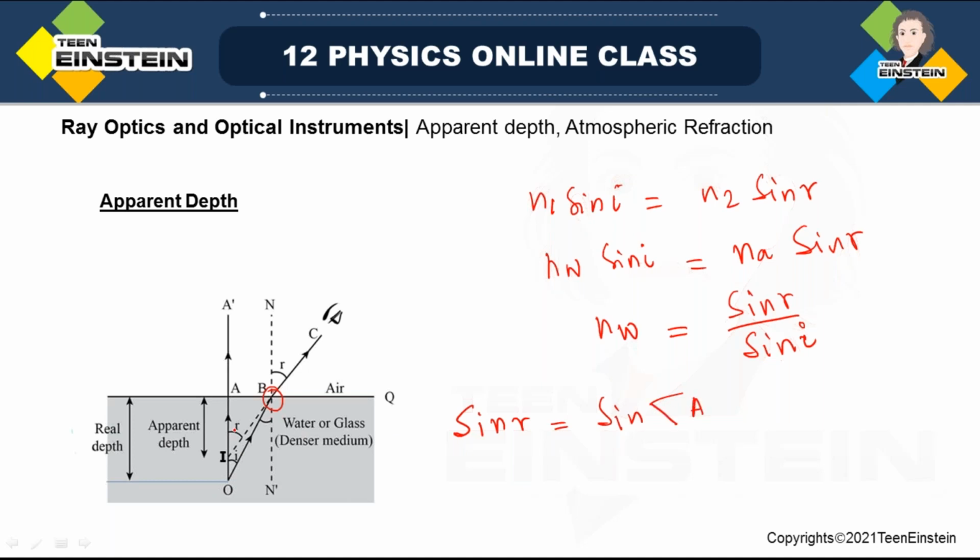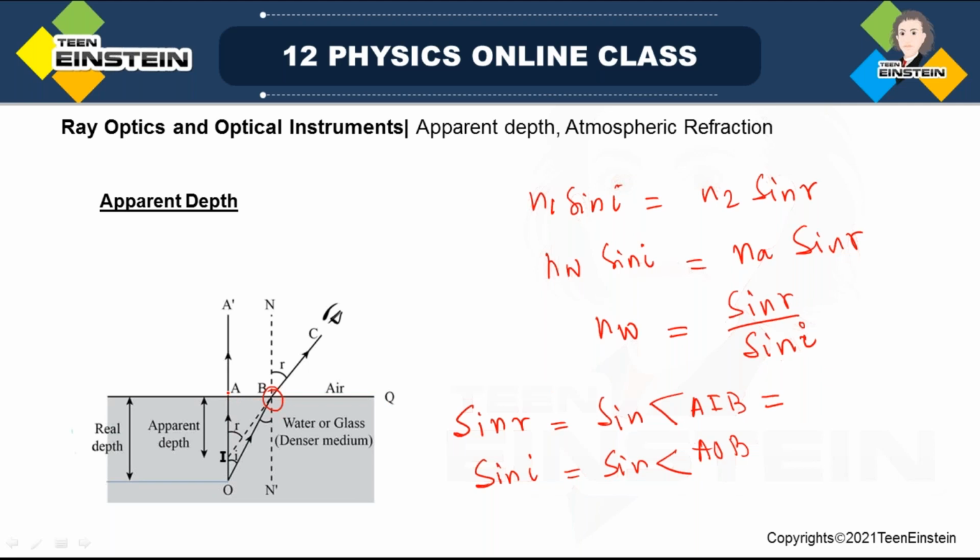I can write sine of AIB. Look, this angle is R again. Okay, so AIB, and sine I means it is sine of AOB. Okay, so now this itself we can write in terms of this triangle.